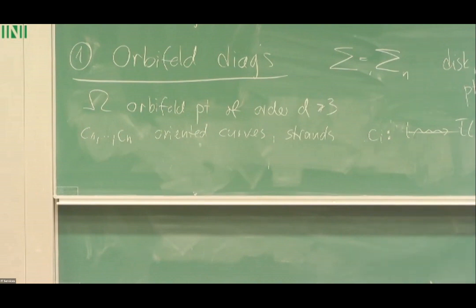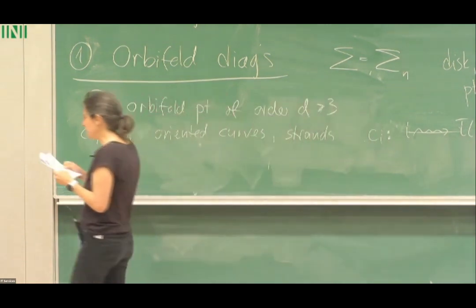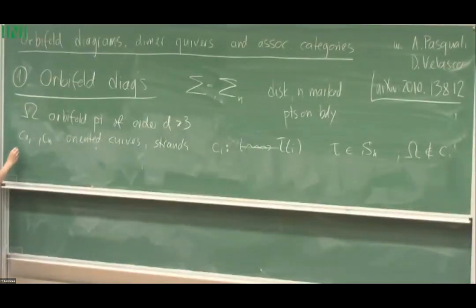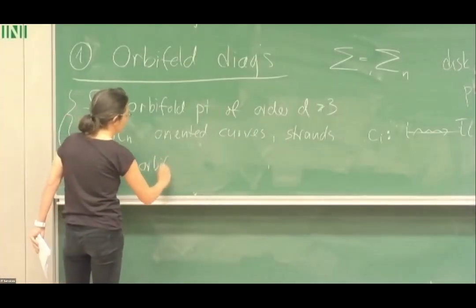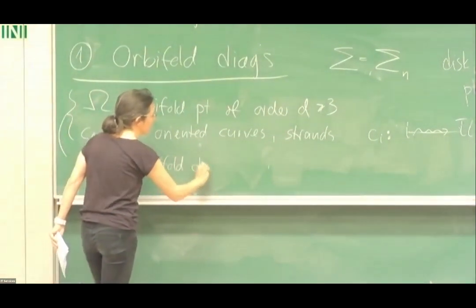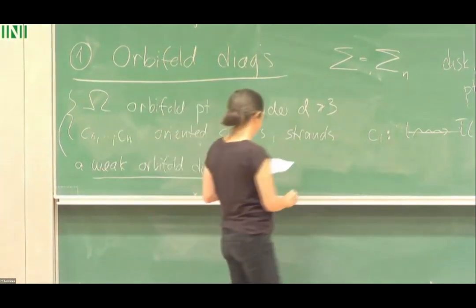You can have fixed points, and Omega should not be contained in any of the curves. We take this up to moving around a bit, but you never want that to go through. And we call that a weak orbifold diagram of type tau.